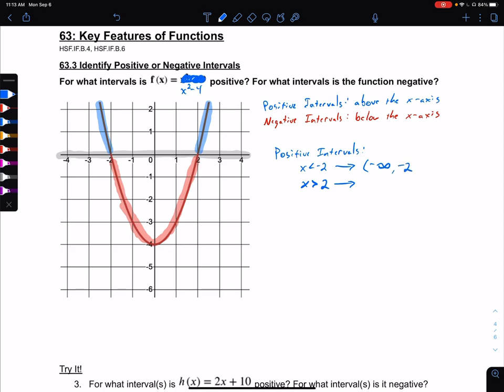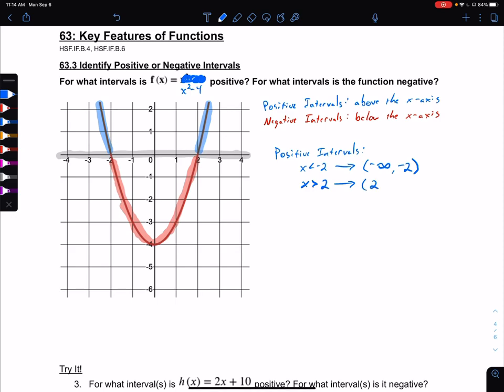We need to then decide whether we want to use brackets or parentheses. For this specific example, remember, we want above the x-axis. This negative 2 point is right on the x-axis, so it would not be included as part of the positive interval, so we're going to use a parenthesis. For x is greater than 2, it's the same idea, but this time the lowest value would be 2.